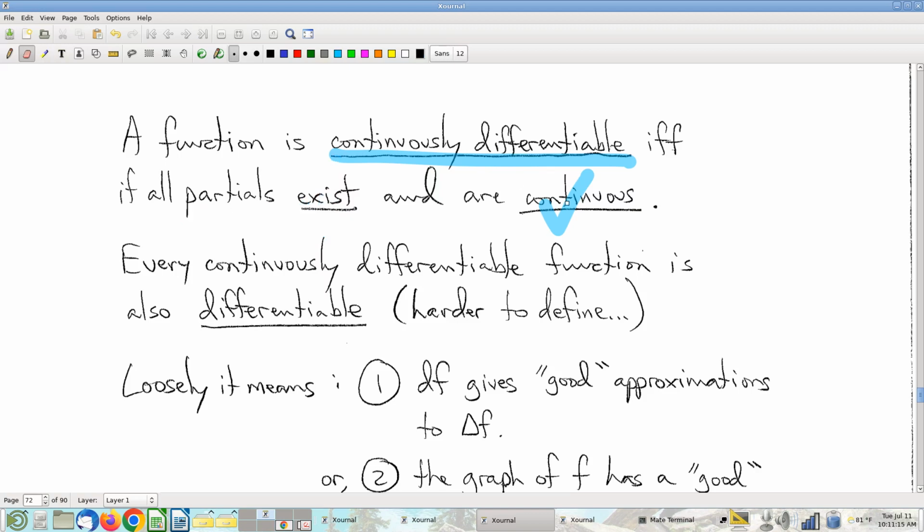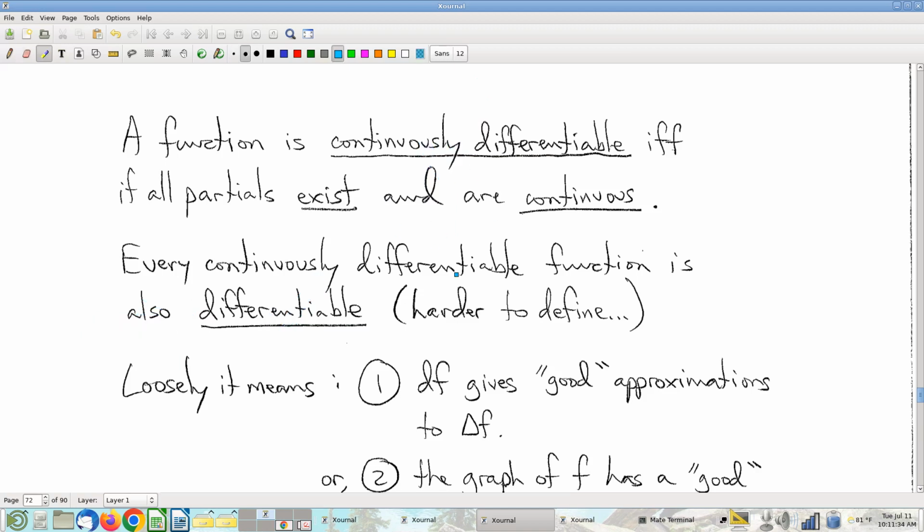So in most cases, it's conveniently true by casual observation that the function is continuously differentiable, and therefore it's also differentiable. Okay. Is everybody willing to buy that?